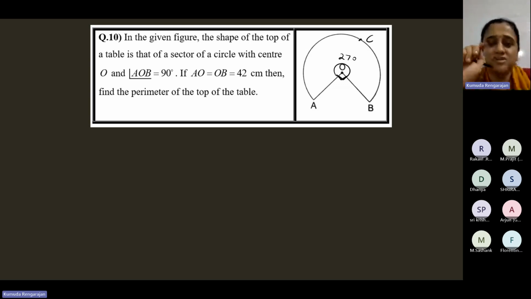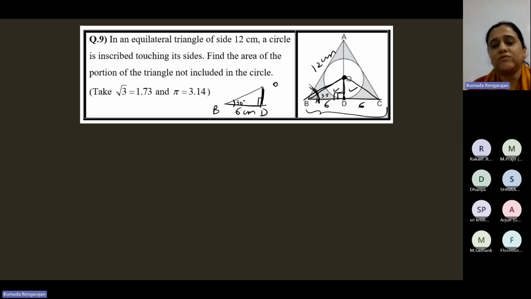This method of subtracting holds good only to find area, not perimeter. Going back to the earlier one, the area of the shaded region will be area of the triangle minus the area of the circle. When you have to find the area of the remaining portion, you can do the area of the bigger one minus the area of the smaller one.